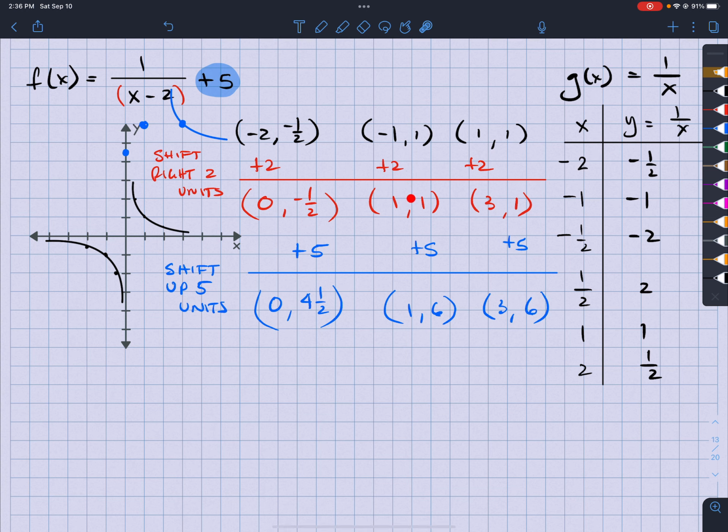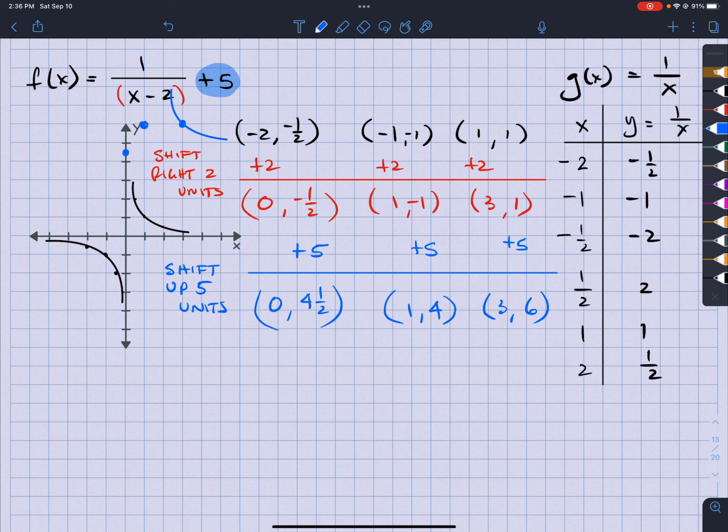So it should be a 1. Oh, 1, 6. And I shift up 5. Oh, because it was -1, -1. That's why. So this should be -1, -1. So that means this would still have been -1 because I only added 2. So this is actually a 4.